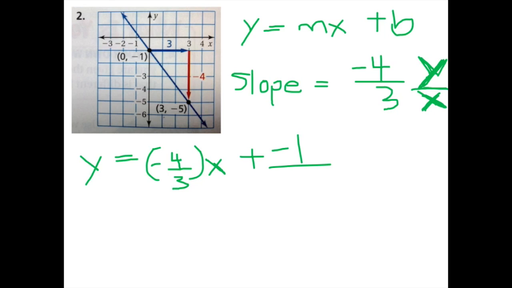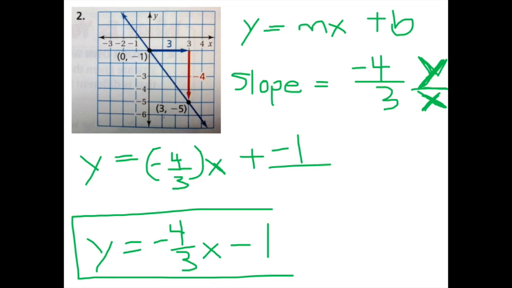We can rewrite this as y equals negative 4/3x, and you could say plus a minus 1, or just write it out as minus 1. This would be your answer for the equation of this line right here.